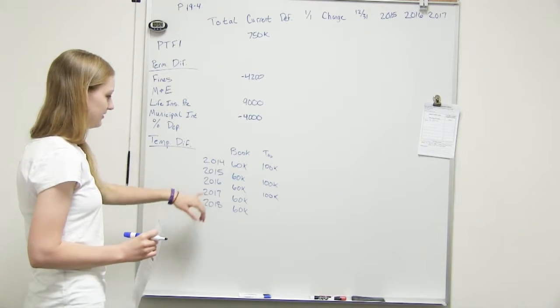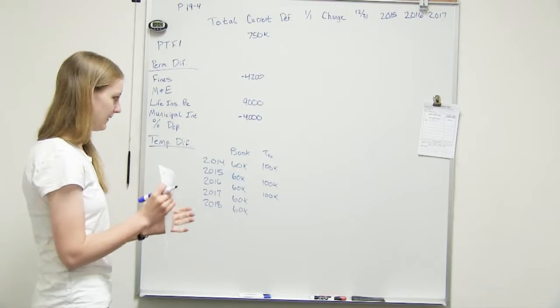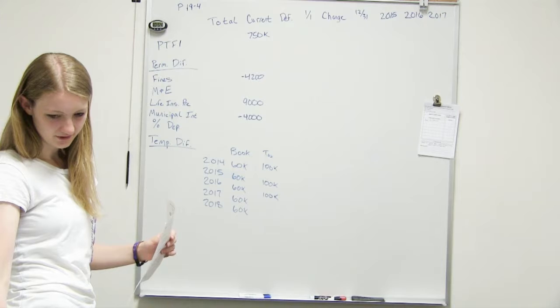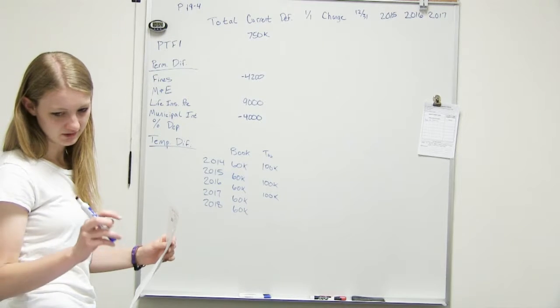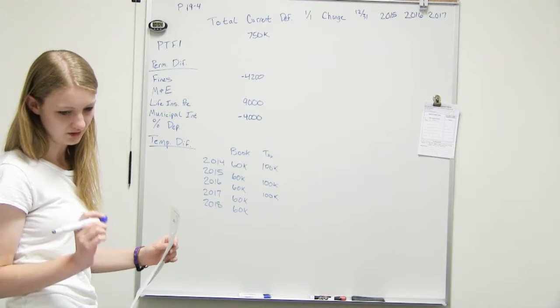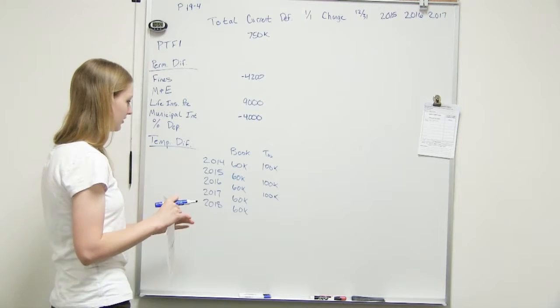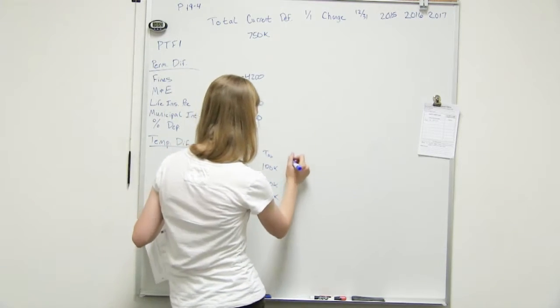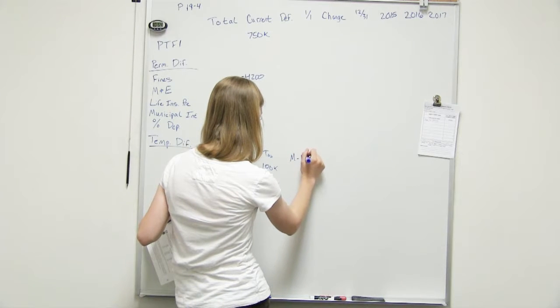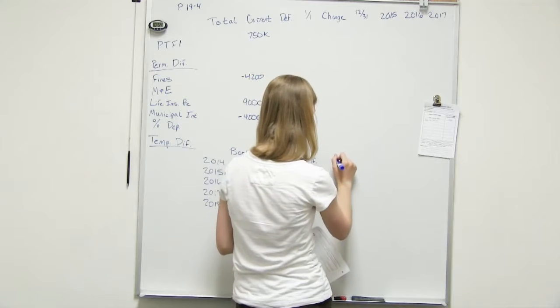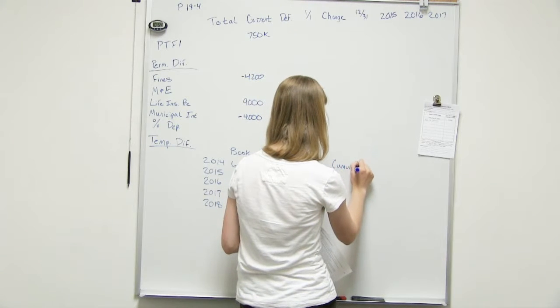So is that making sense how that's set up and everything? Okay. So then we're going to find our M1 difference, and this should be the number that goes on the spreadsheet, depending on what you're doing. So M1 difference, and have a cumulative difference.